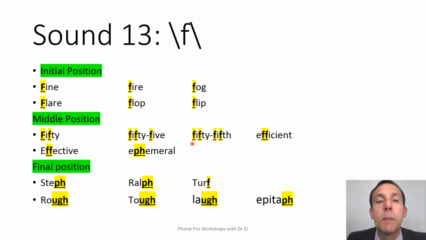So once again, fifty-fifth. Next word, efficient. Now, let me explain. You see a double consonant, but double consonants in English, most of the time, if not always, sound as a single consonant. In writing, they're double, but in speaking, the sound is single.